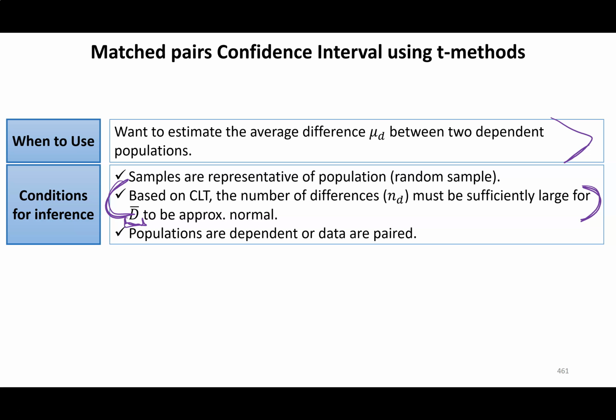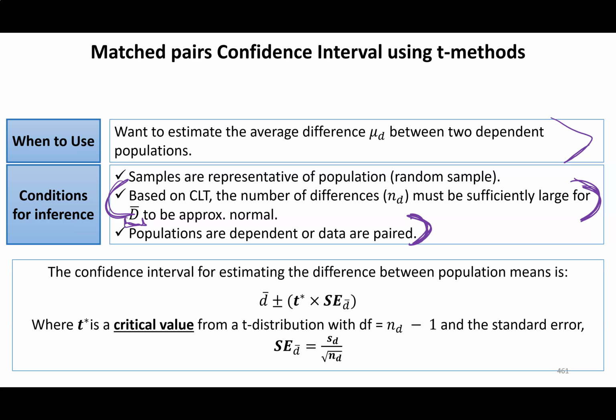So we want to know that the population of all the differences that could exist out there is roughly normally distributed, and we definitely want to have a large enough sample size. And then the last condition here, the populations are dependent or they're paired.